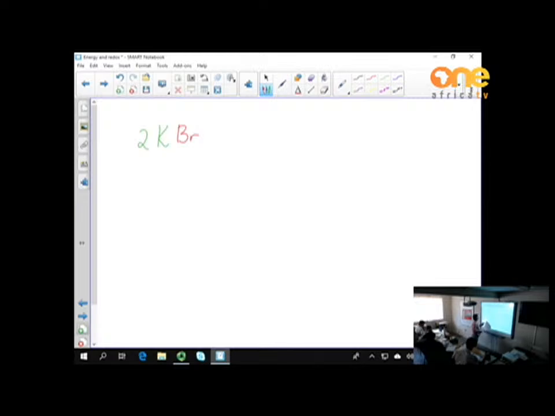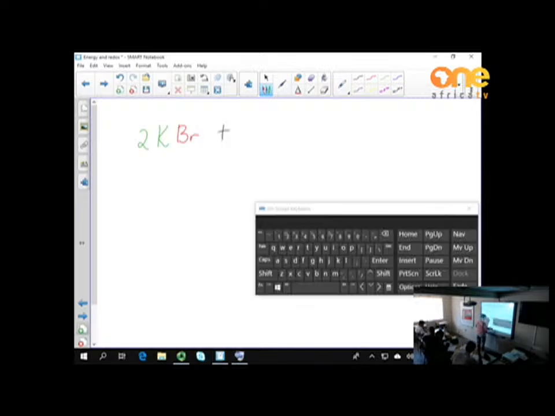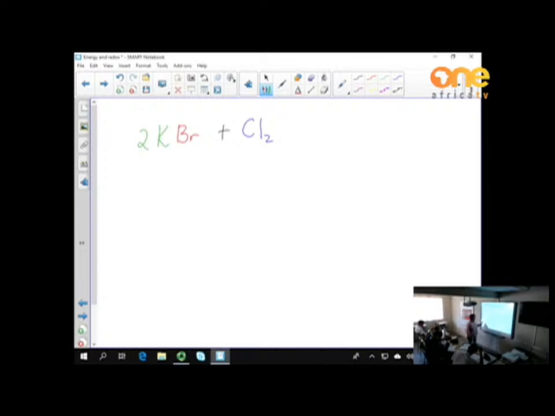Potassium bromide plus, let's do chlorine in blue, Cl in blue, and we get potassium chloride. We get potassium chloride, 2 of them, plus bromine.